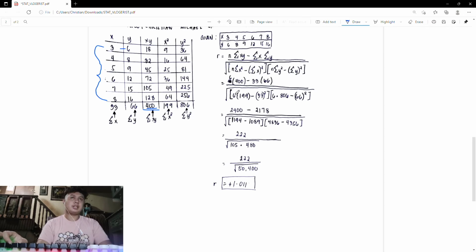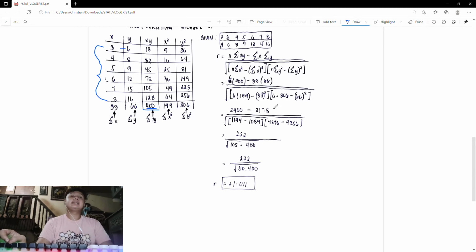After that, divided by the square root of n, the sample size, which is 6, multiplied by the summation of x squared, which is 199, minus and so on.